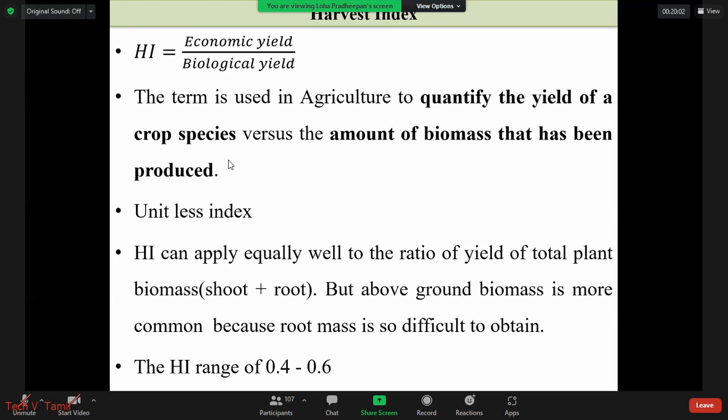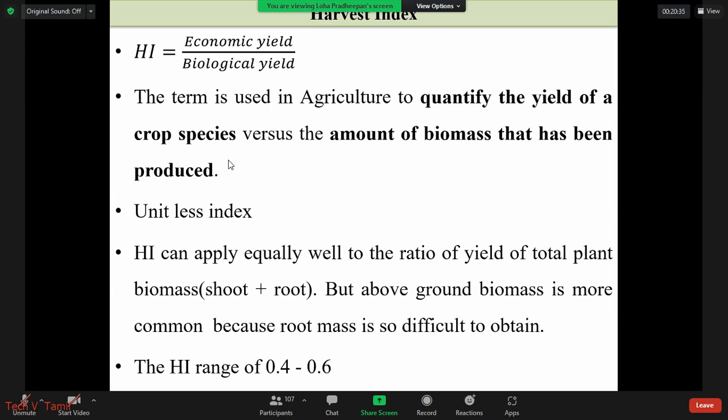plant growth analysis. Under that, we studied what is plant growth, what are the types of plant growth, what are the phases in plant growth, and what is plant development. Even the change of phase from one to other, that is vegetative to reproductive or seed to seedling, is development. Then we should know about the plant growth curve.